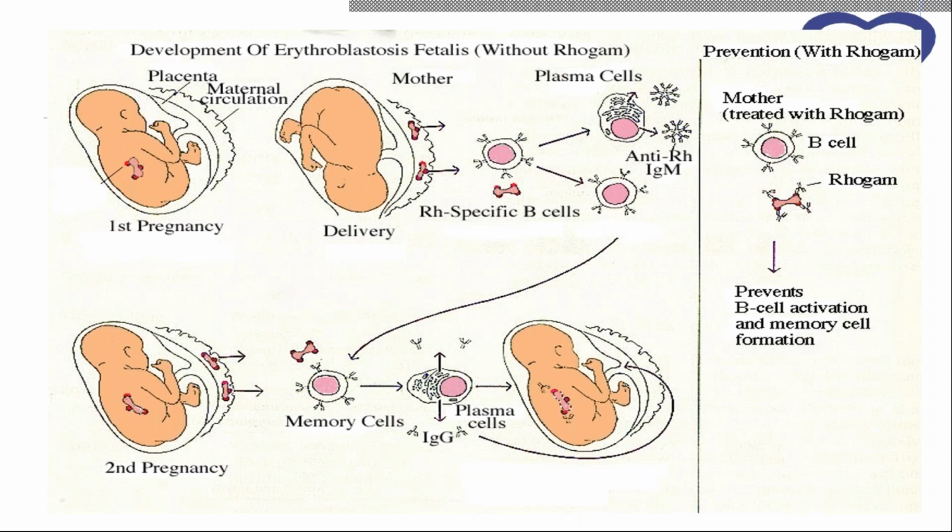So these cells are not available in the maternal circulation to excite the immune system of the mother to recognize them as foreign and make antibodies against these Rh positive cells.